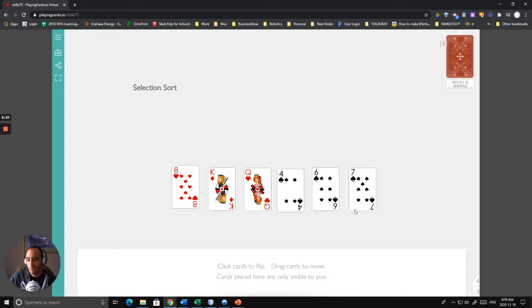So here we have a trusty set of playing cards, and what we want to do here is to sort these playing cards, and we want to sort them in an ascending fashion. So the way that selection sort works as a technique is it's going to have a loop that is going to loop through this entire list of cards looking for the lowest number.